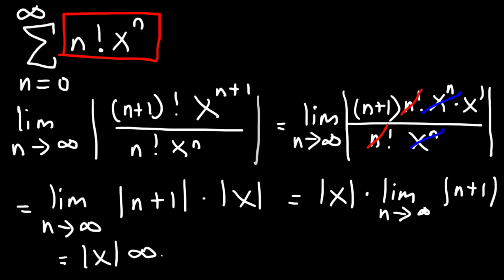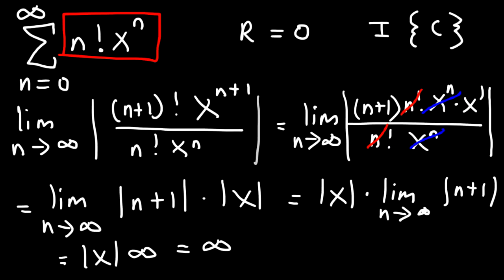Now, what does this mean? The absolute value of x times infinity. That means that the limit goes to infinity. And what do we know when the limit goes to infinity? This is the second scenario. That means that the radius of convergence is 0, and the interval of convergence is our c value.